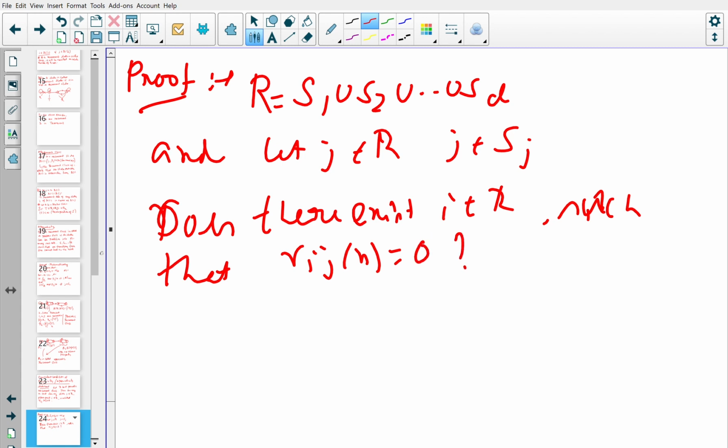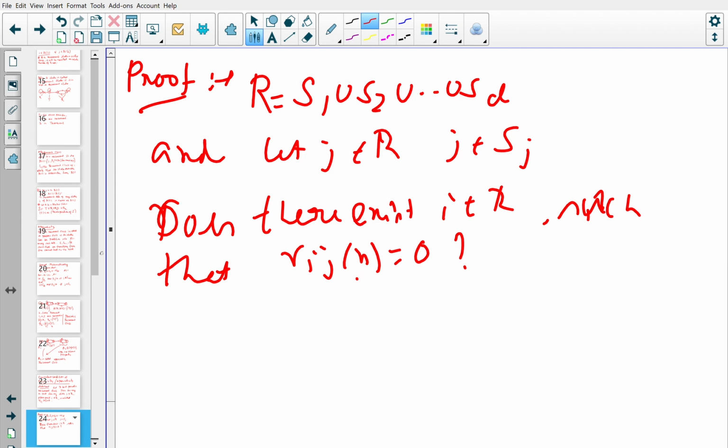Now you see that the moment you know j is inside some Sj, and these S1, S2, S3 are fixed, you can come to Sj in n many steps from only one step, right? Because it is a periodic property. So what does that mean?